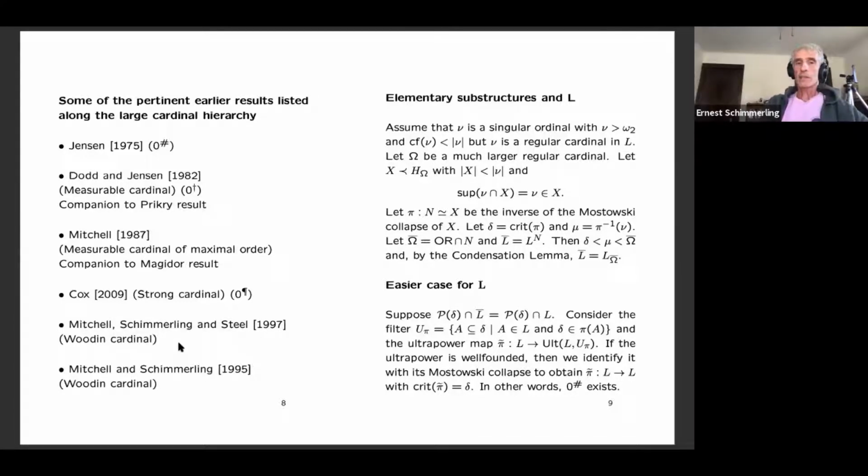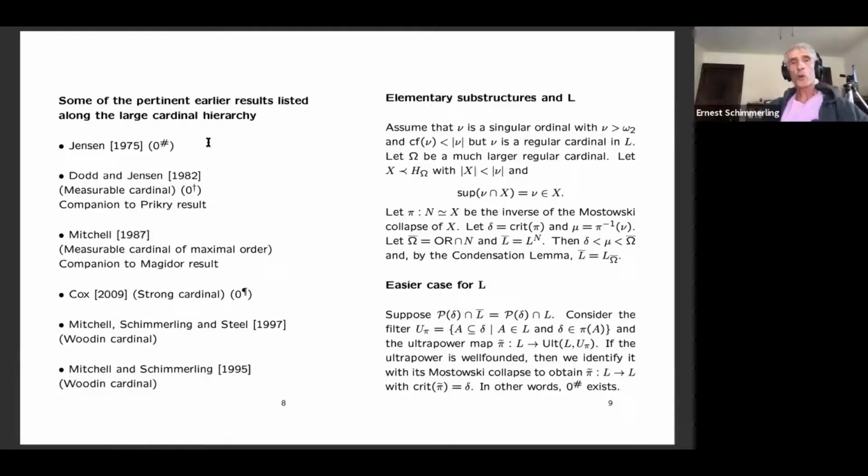Then in a paper published in '97, which actually predates the '95 paper, is this triple paper in which we get K to compute successors of singular cardinals correctly, and the more general version of that, but under the assumption that the cardinality of nu is countably closed. So there's an extra assumption about cardinal arithmetic in that result, and then I already mentioned this.